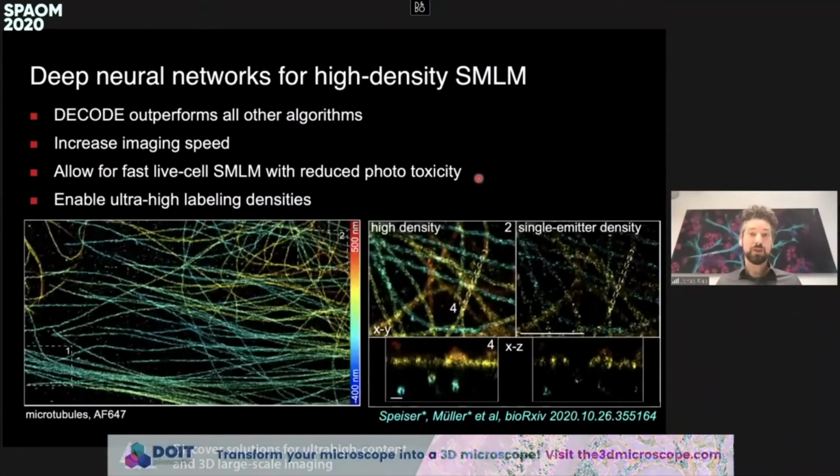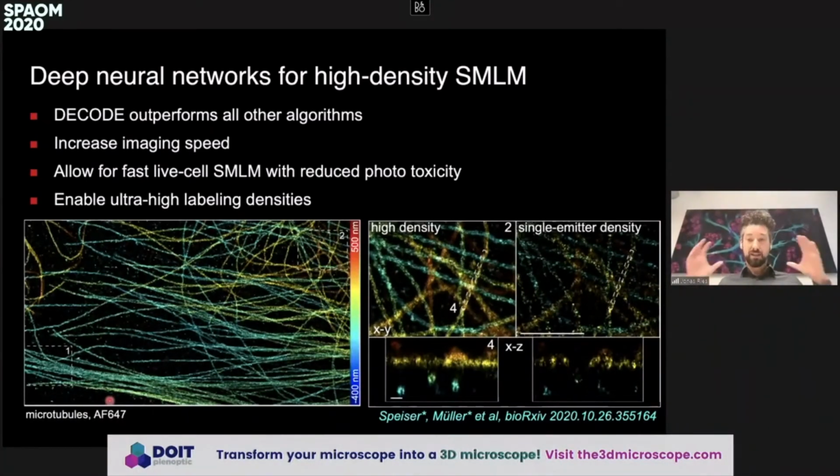So finally, we can use Decode to image samples that previously we could just not image because they were too dense. And I think many of you who do localization microscopy, using even our favorite dye, Alexa 647, sometimes get these samples that are so densely labeled that when you put them on the microscope, even without any UV laser power, they blink so strongly that we cannot see single molecules.